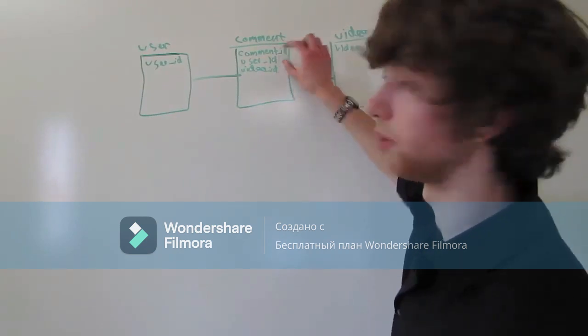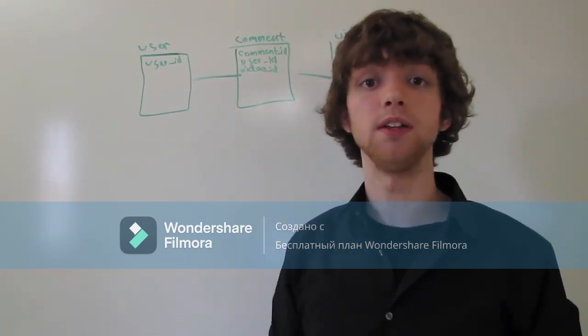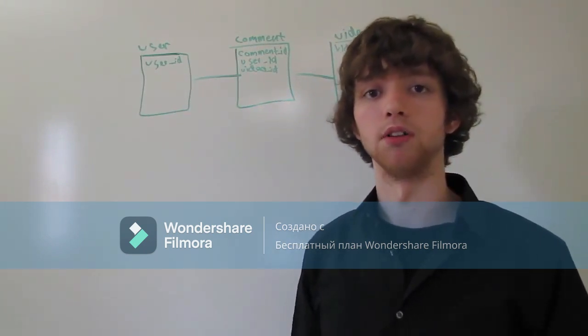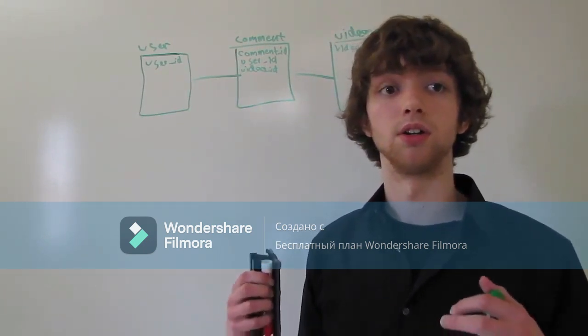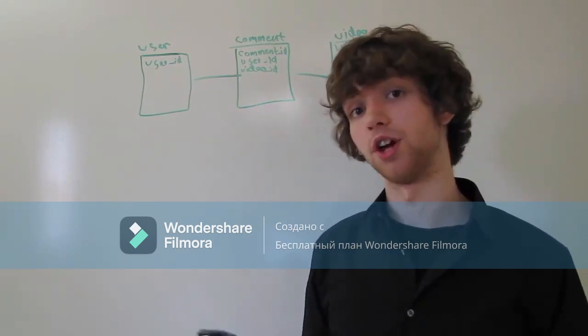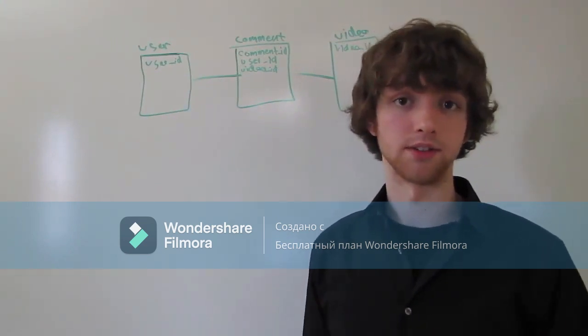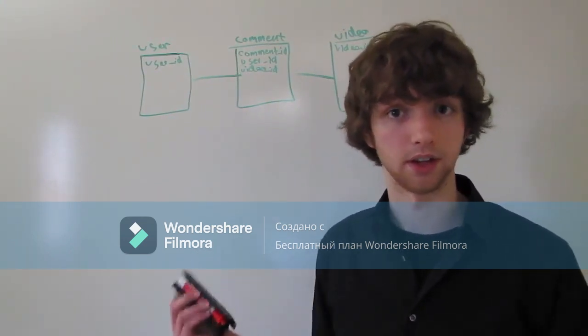And these are only going to be foreign keys. The user ID and the video ID are only going to be foreign keys, and they're not going to be part of a compound key in any sort of way. They're just another column that's a foreign key referencing a table. Just so you guys understand the structure of how I set this up.